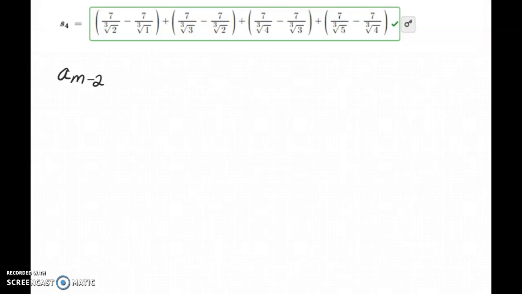That would be 7 over the cubic root, and in place of n, I'm going to put in m minus 2, and then plus 1.